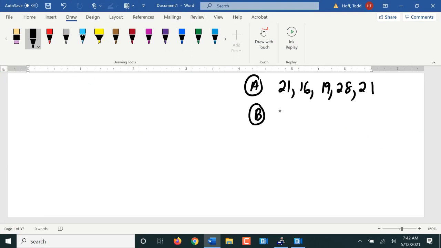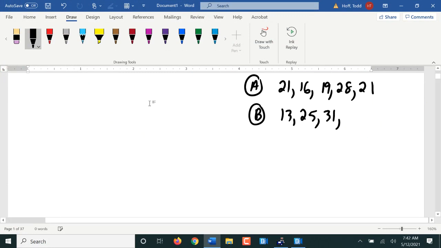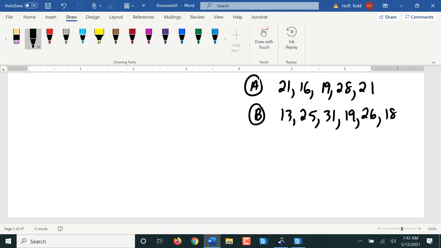Set B: 13, 25, 31, 19, 26, and 18. Now, the first thing I want to talk about with these is the size.